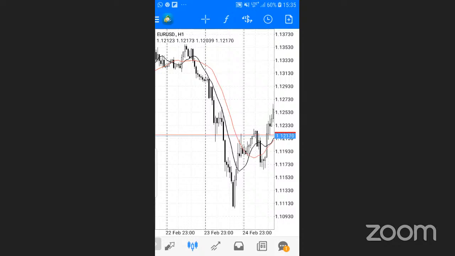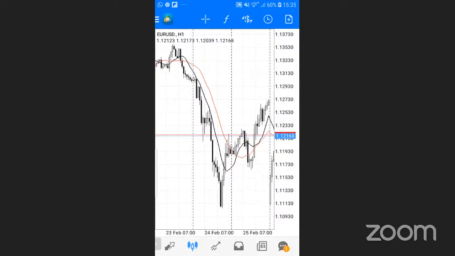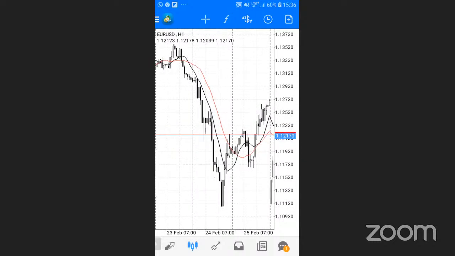What information is it telling me? It tells me that the 20 MA, which is my longer period, is the one I'm using as my trend, because the longer period is guiding the shorter period moving average. It's just like a mother and a son.